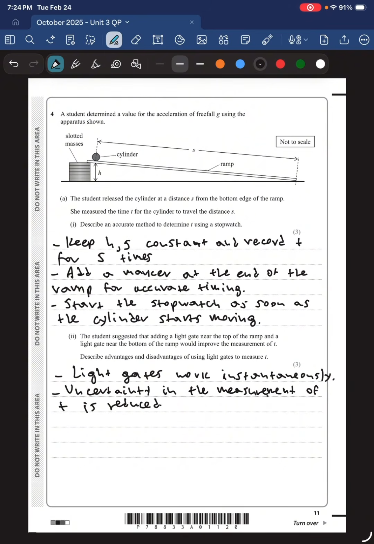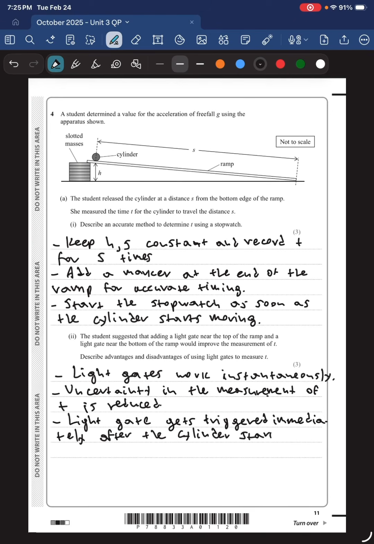And also the light gate gets triggered immediately after the cylinder starts rolling. Okay.